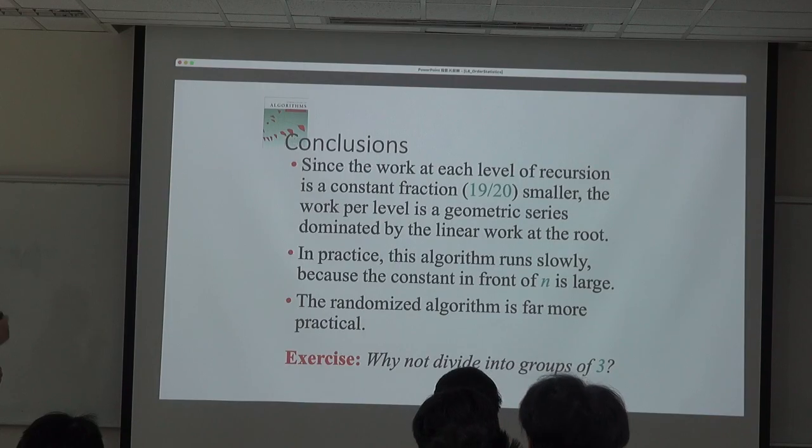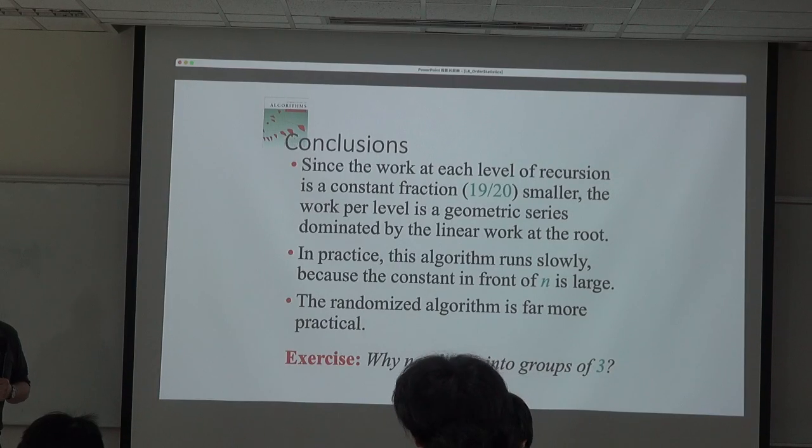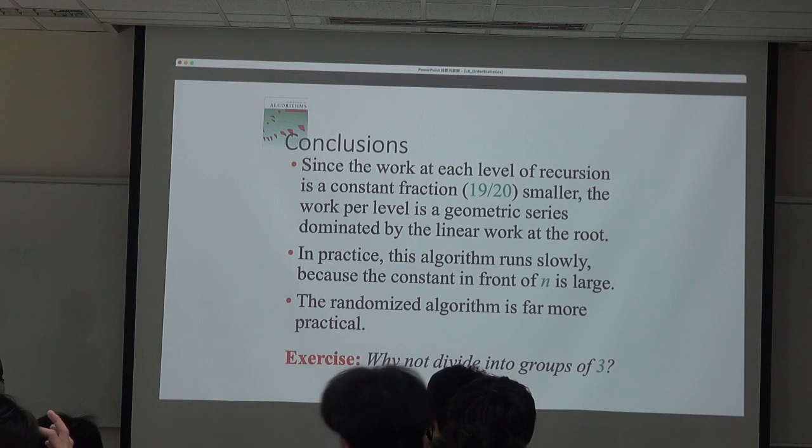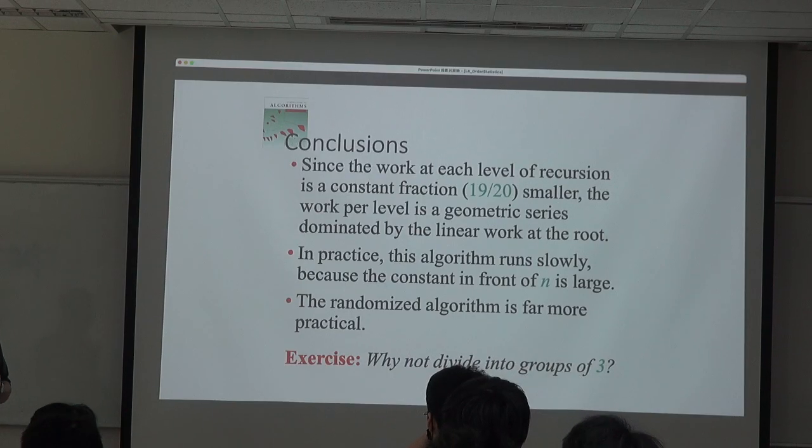But in practice, this algorithm runs slowly. Why? Because the constant in front of n, that Cn, that constant C is actually quite large. So in practice, if you want to find a certain rank quickly, then the previous algorithm, the random permutation one, actually works faster.